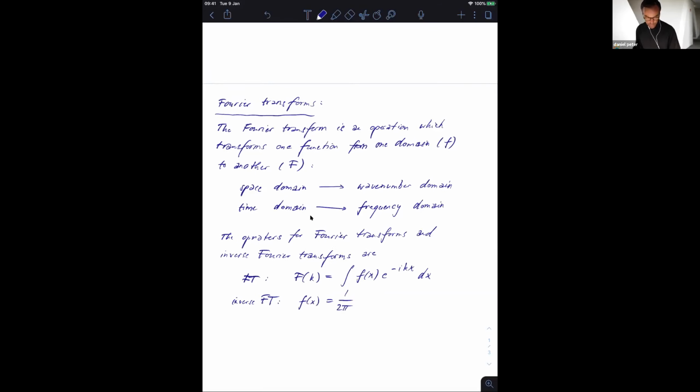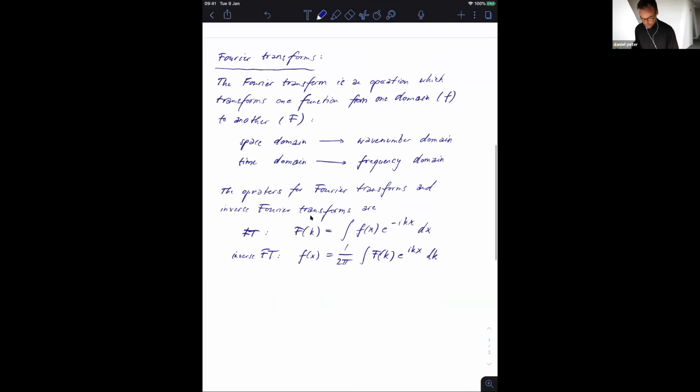And if we define the Fourier transform as this integral, then the inverse Fourier transform has this factor 1 over 2 pi in front of the wave number function, capital F of k, times e to the ikx, integrated over all wave numbers dk. So here, k, that's the wave number, and x, that's a spatial position.